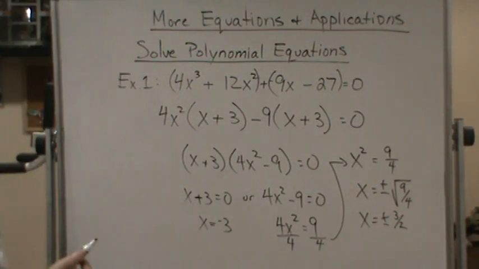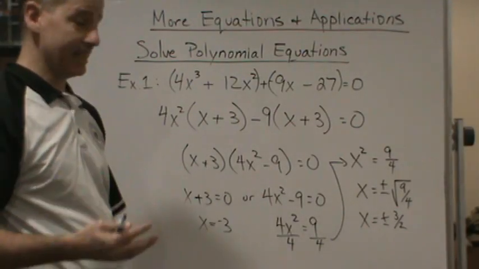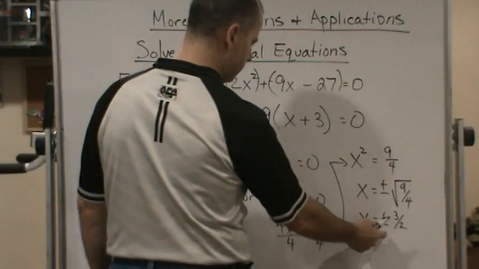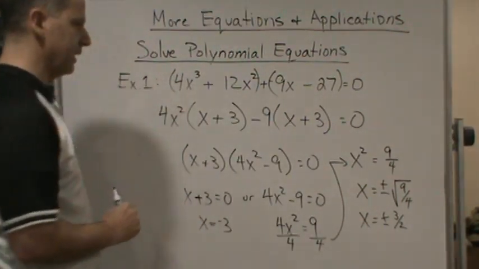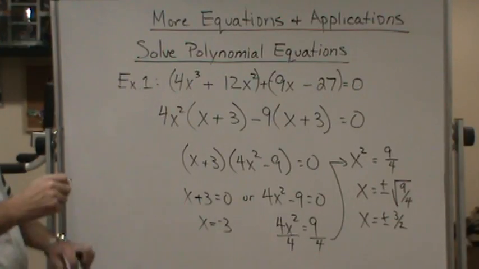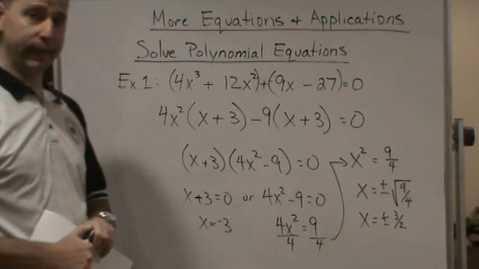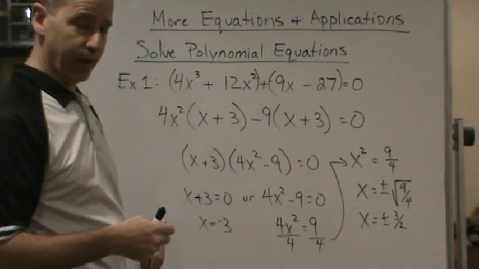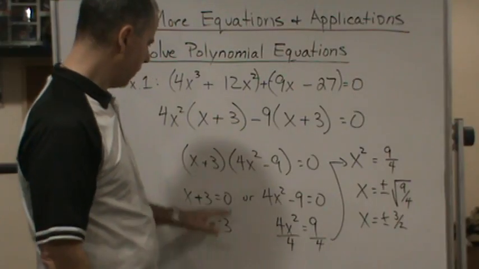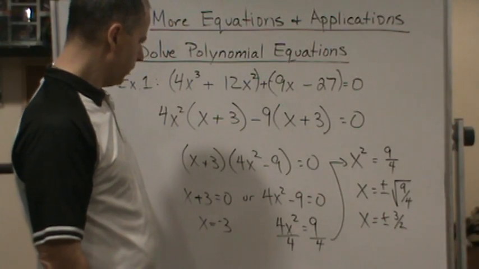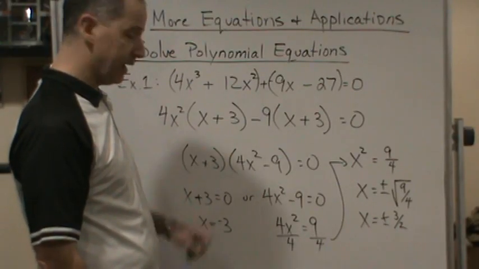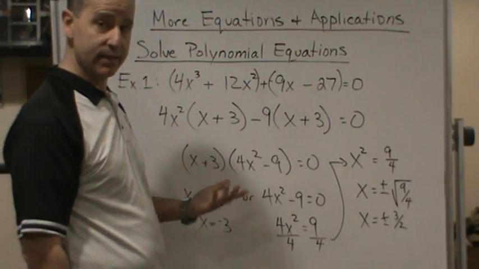Now, one thing you always want to do, once you get your solution, is plug your solution back into the original equation and see if it gives you a true statement, right? You want to make sure that they aren't what we call extraneous values or extraneous solutions, okay? So if you put them back into the original equation and you get a true statement, then it validates that it is a solution.